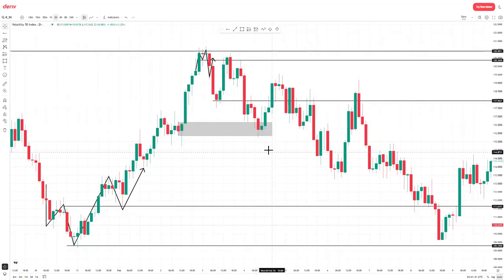After reacting on that continuation pattern, your job again is to check up on that break of structure. What else do we have? We have a continuation pattern on top that will cause the market to come down.